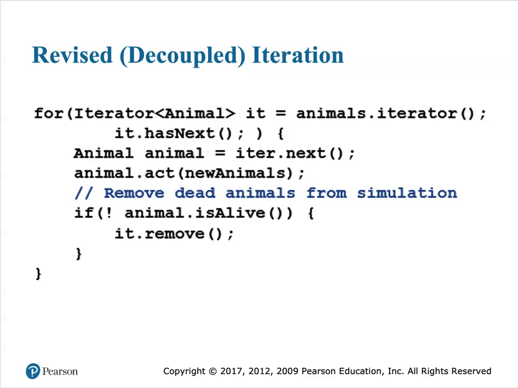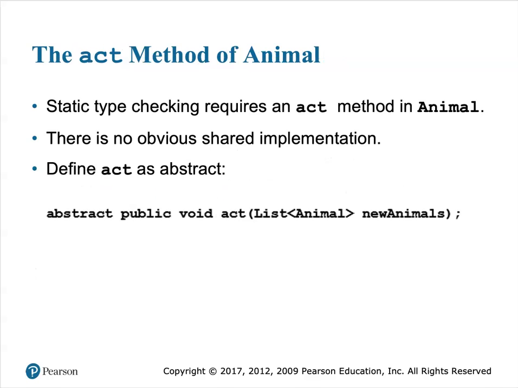But there is no common implementation. So we need the dynamic type to be something other than an animal. The keyword abstract does this for us. Abstract act. So it gets put in front of the access modifier. Act will be public, it will be void, it will take a list of animal objects which will be populated by act, which will produce new animals into the simulation.